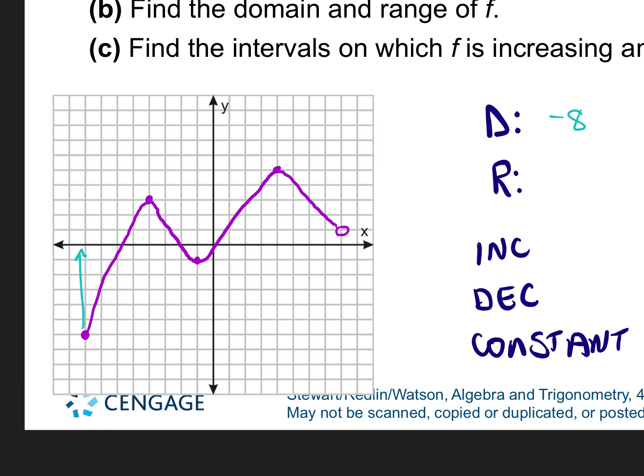There is a closed circle on that point, so you'll put a bracket on that -8. From there, what x value is the highest that's being covered? That's +8. And then it's an open circle, so parentheses.